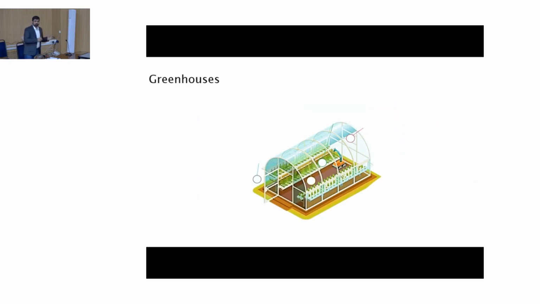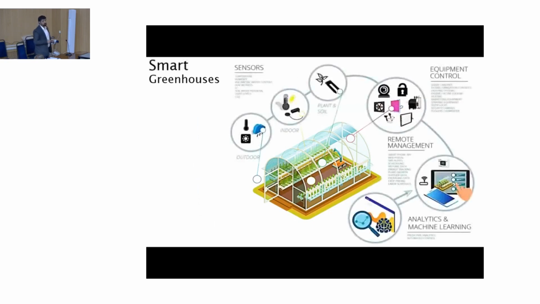Digital agriculture is probably easiest to apply in greenhouses because the entire environment is controlled, right? You don't depend on nature most of the time. So we see a lot of smart greenhouses now, where you have sensors for a number of different parameters like temperature, humidity, the amount of light, the leaf wetness, how much salt is in the soil or in the water, all these things.